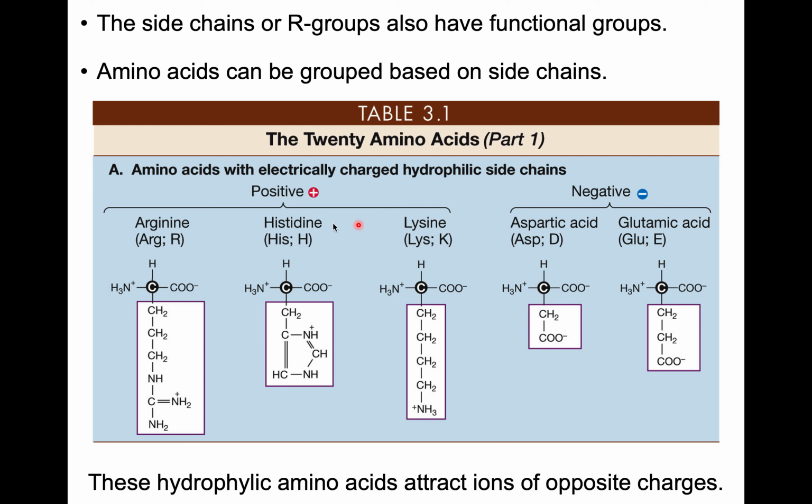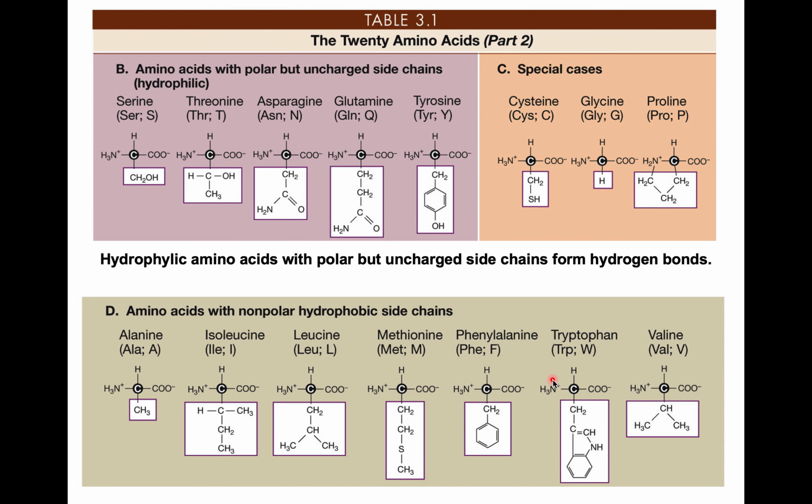So for example, here are 3 amino acids: arginine, histidine, lysine. You don't have to memorize these structures. Where the R groups all have a positive charge somewhere in them, right? Positive, positive, positive. So those would be positively charged amino acids. And we've got a couple of negatively charged R groups over here, and so on.